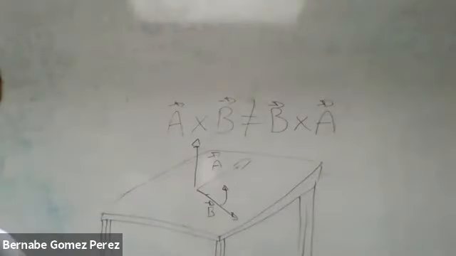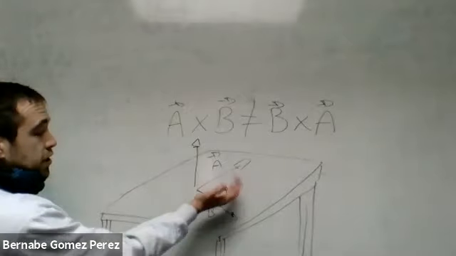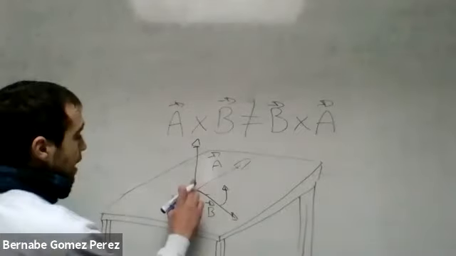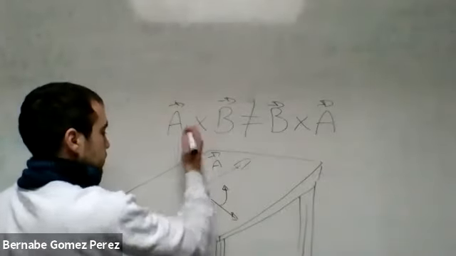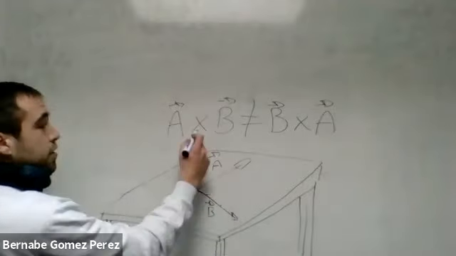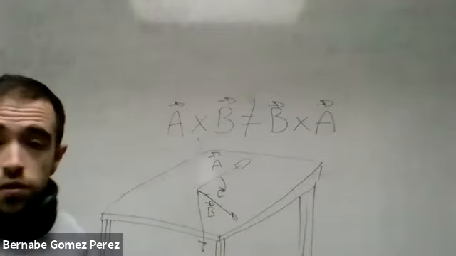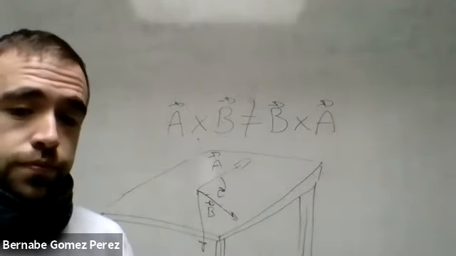So you see that A and B are on the table. They belong to the plane that the table describes. So B cross A would point upwards. And the other way around, if I do A cross B, I would point downwards, below the table.